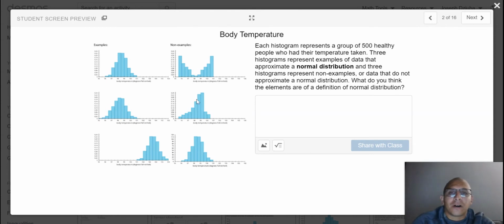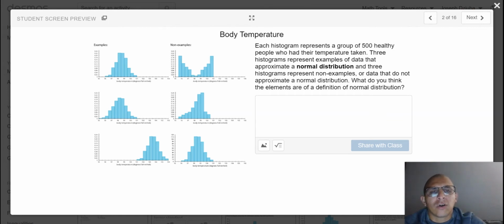Okay, in the following histograms, a group of 500 healthy people had their temperature taken. 3 histograms represent examples of data that approximate a normal distribution, and 3 histograms represent non-examples, or data that do not approximate a normal distribution.